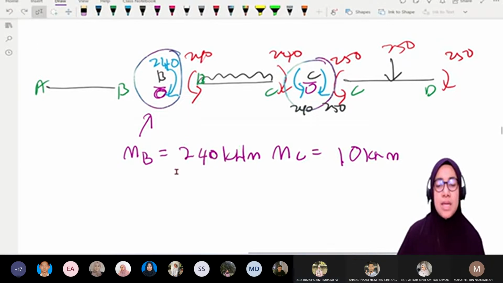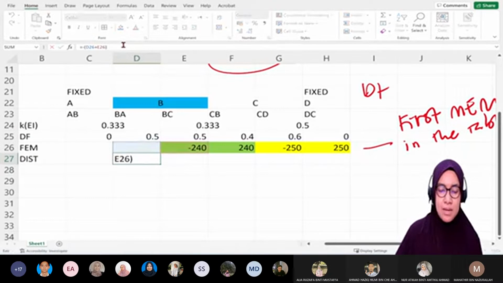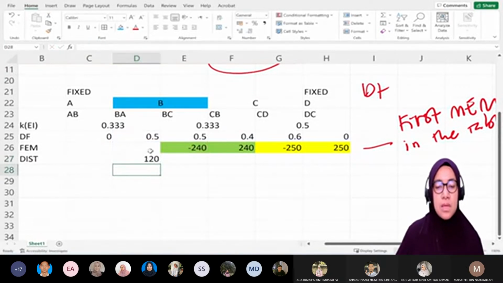It is 240, not negative 240. Multiply by the distribution factor 0.5, so we get positive 120.